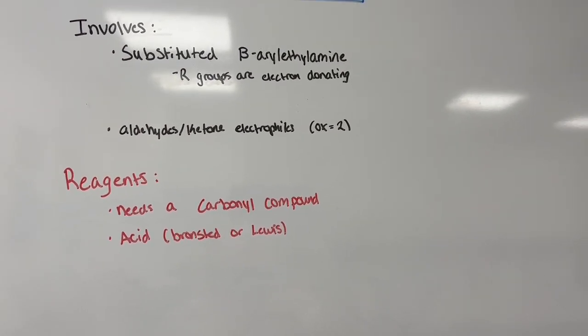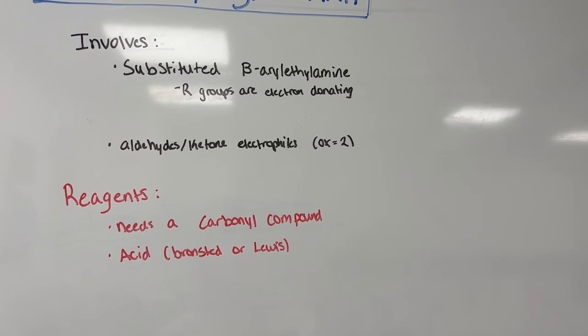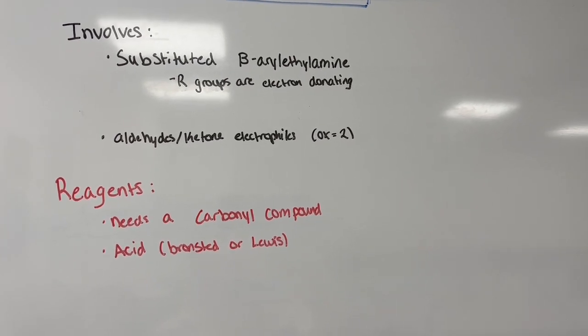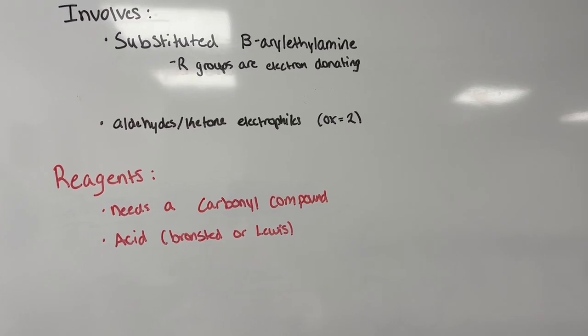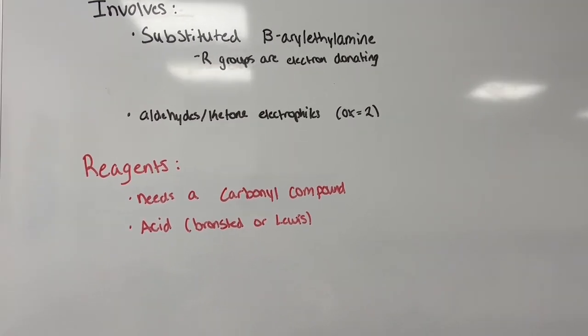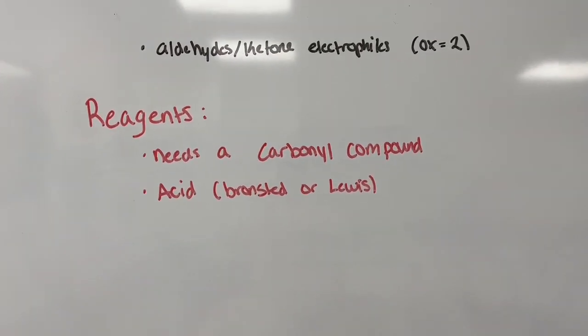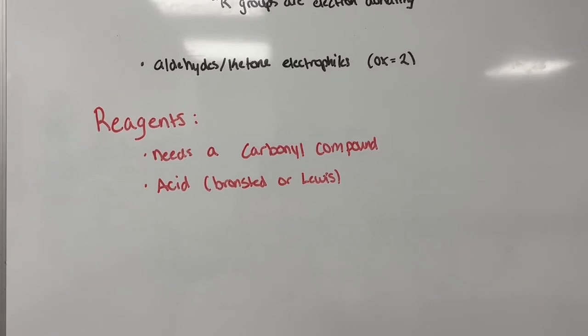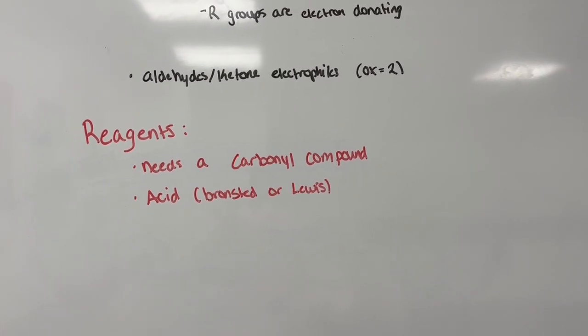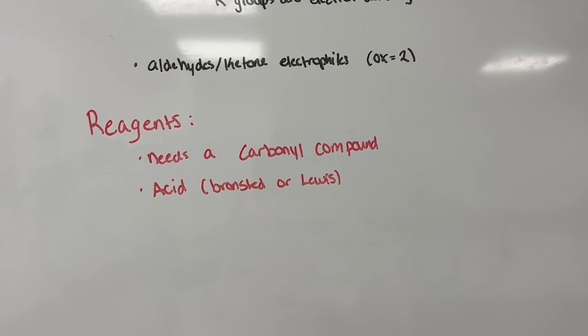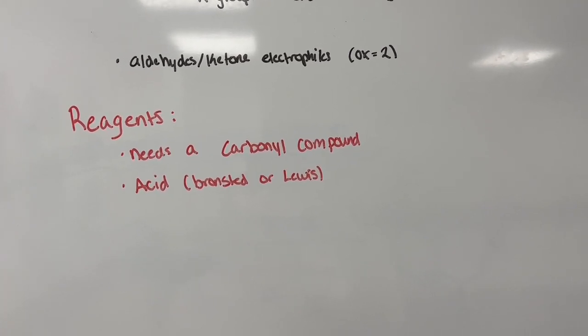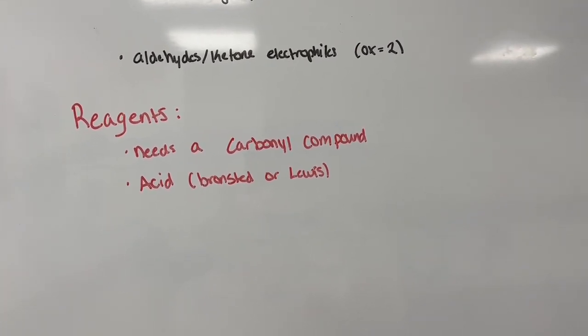Except the Bischler one used amides, this one uses aldehydes and ketones as electrophiles, so that oxidation state is 2. There are not technically specific reagents like the last name reaction. However, the Pictet-Spengler reaction needs a carbonyl compound and an acid, and that acid can either be a Bronsted acid or a Lewis acid.